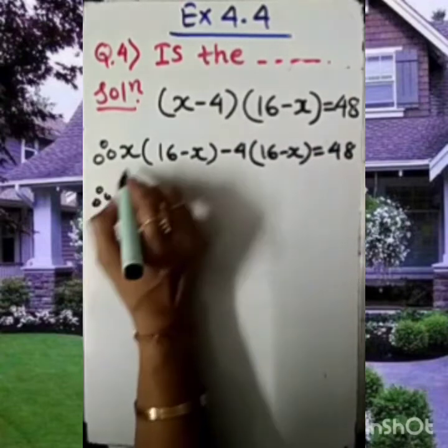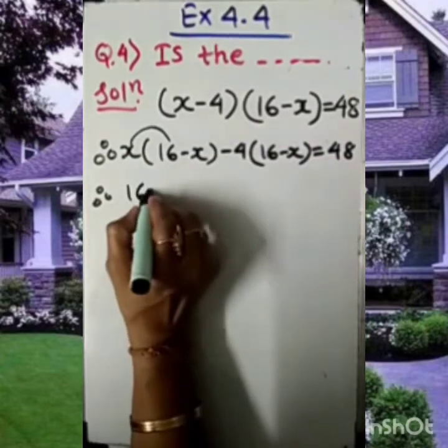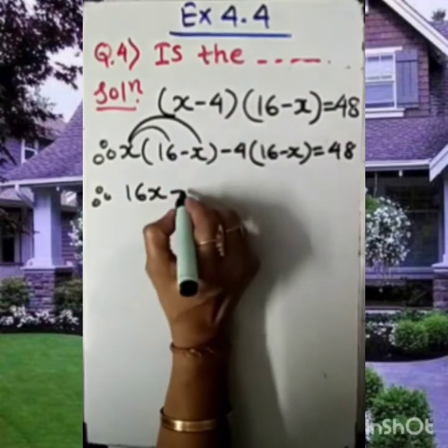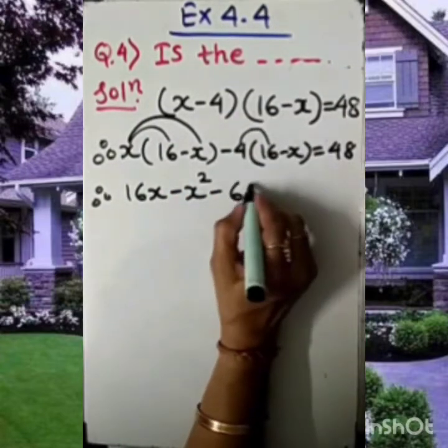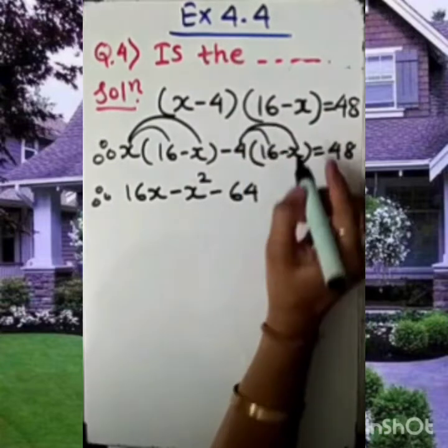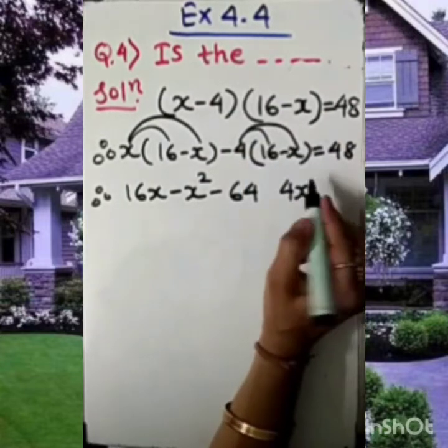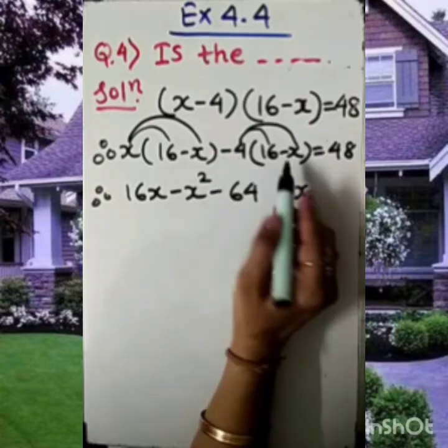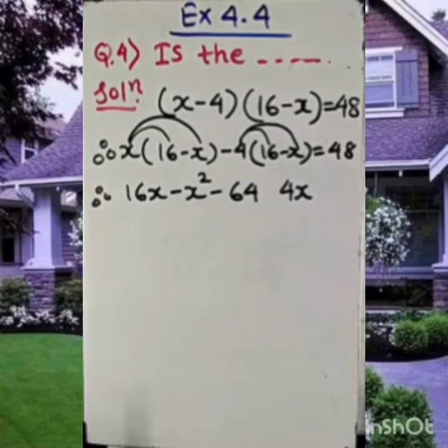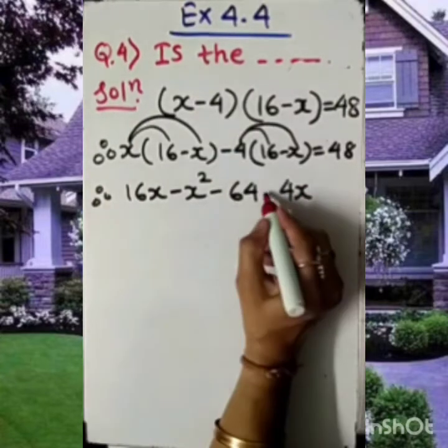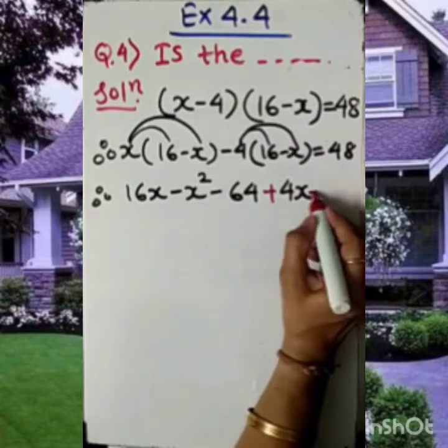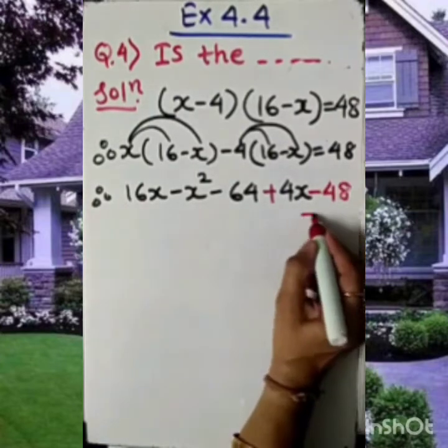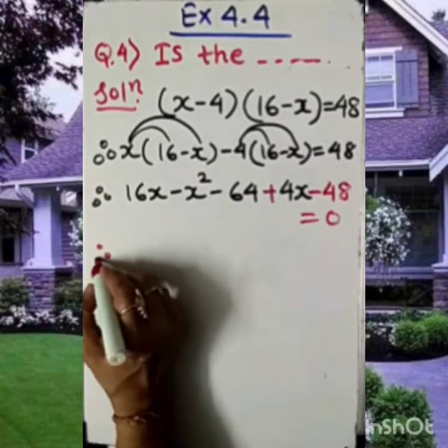Therefore, 16 into x, 16x, minus x into x, x square, minus 4 into 16, minus 64, and minus 4 into minus x, that is plus 4x. Because of the minus outside, the sign changes to plus. At the same time, I am bringing this 48 to the left side, so it will be minus 48 equal to 0.